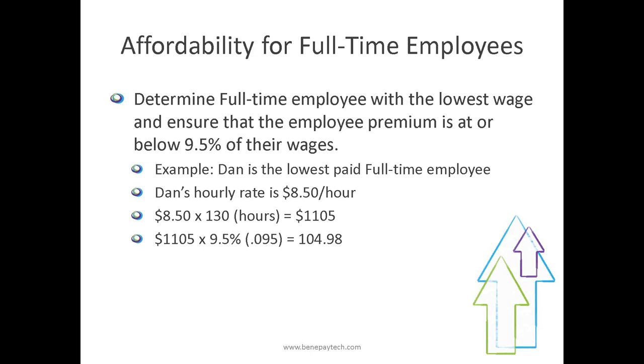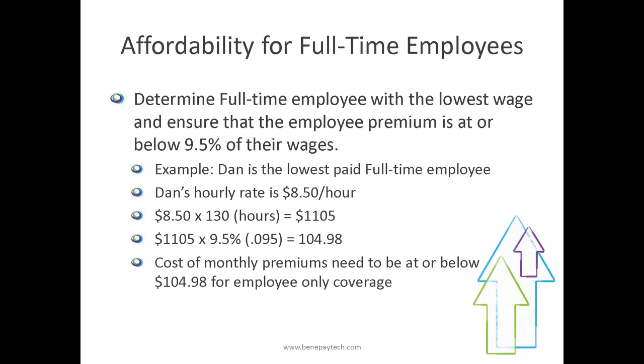Now we take that $1,105 per month and we multiply that by 9.5%, and we get a premium of $104.98. And so that means that the cost of monthly premiums needs to be at or below $104.98 for the employee-only coverage. Now, if our premium is above that, then that premium would not be considered affordable for Dan.